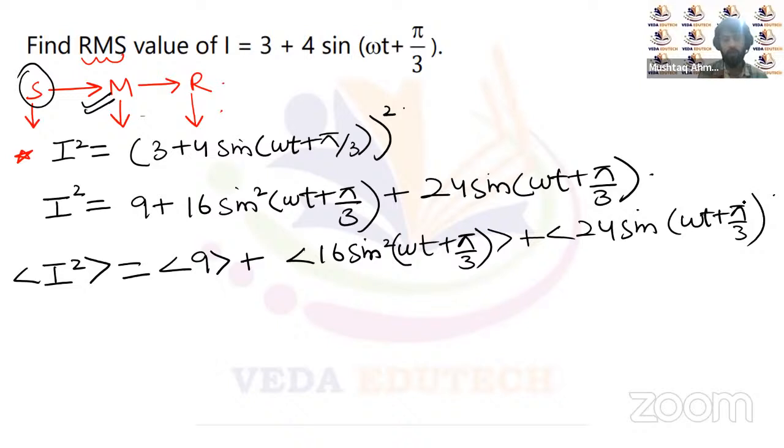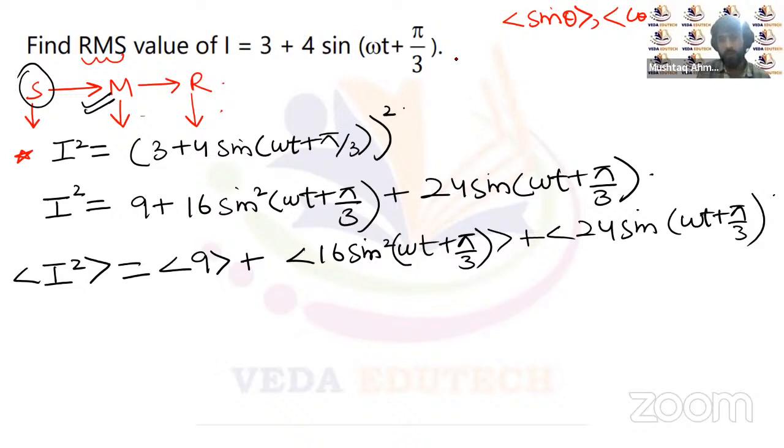Now let's remember some of the important results. One of the important results is that the average of sin θ or average of cos θ for one complete cycle is always equal to 0. So the average of sin θ, be it sin θ or cos θ, for a complete cycle, is always equal to 0.